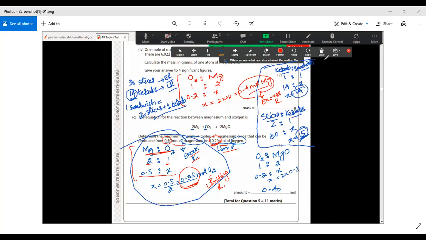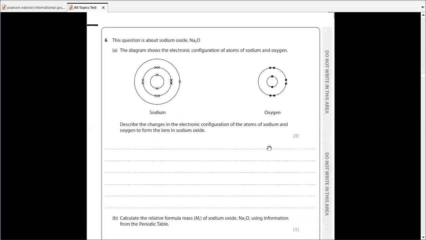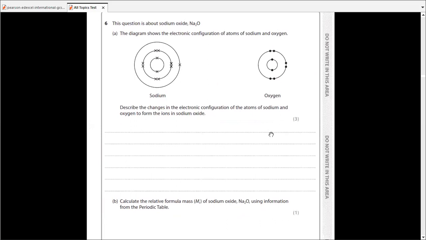Okay, so I'm going to go back to the original paper now. This finishes question number 5 for us. Let's start with question number 6.